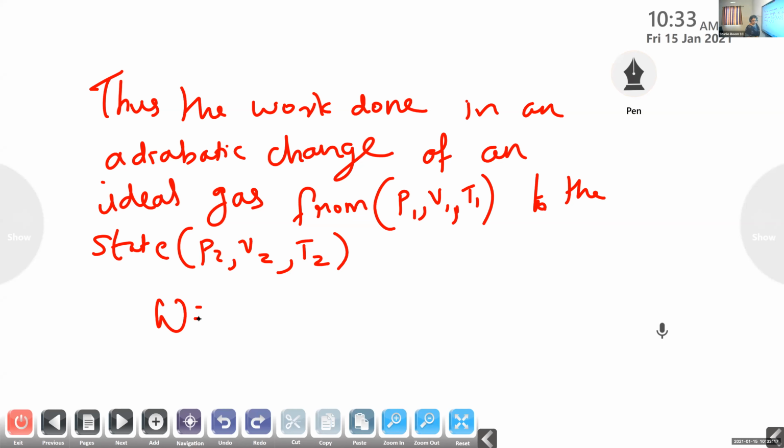Then as usual, we are going to generalize the equation in the form of integration.